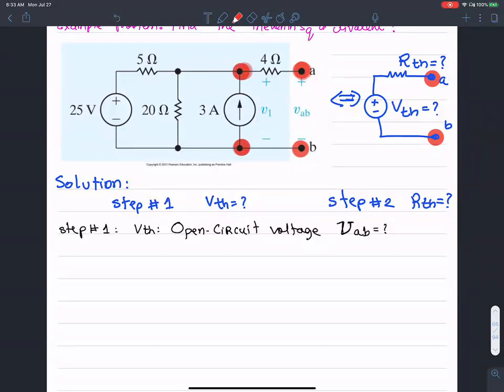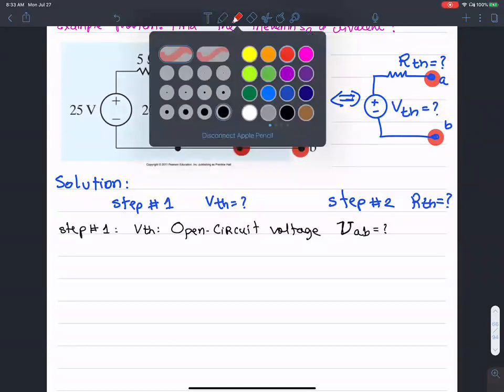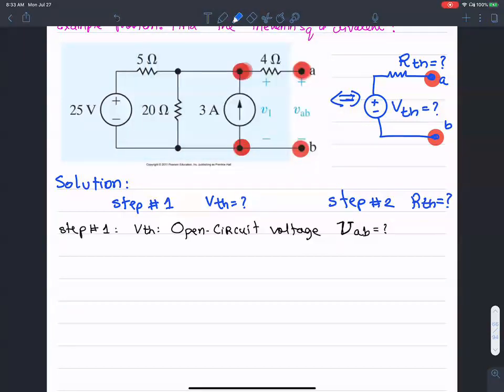So take a minute to look at the circuit on the left and tell me the voltage dropped across the 4 ohm resistance.